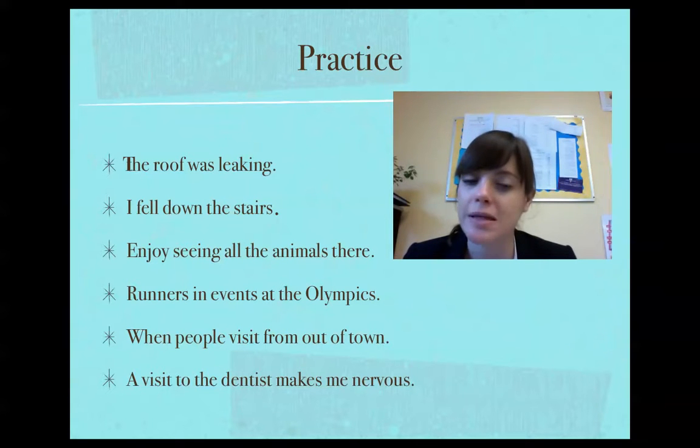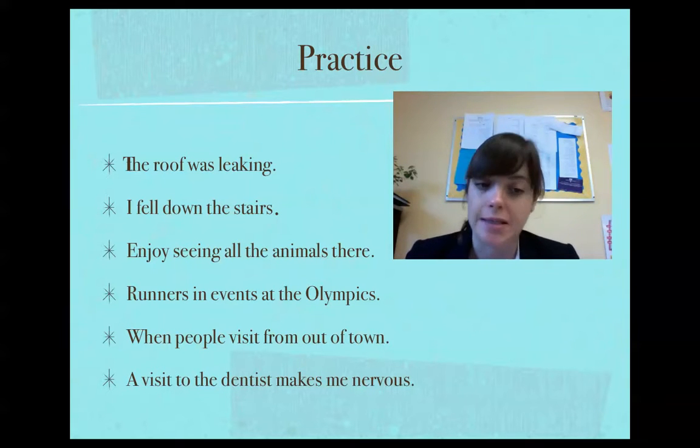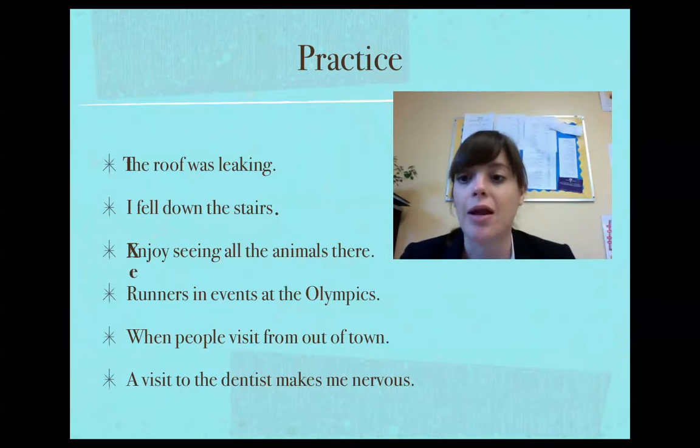Now I always look for my subjects before my verbs, but I don't have any nouns or pronouns before enjoy. It just starts. So I obviously need to add something there. So I'm going to cross out my uppercase E and change it to a lowercase e because it's not going to be the start of my sentence anymore. And then I'm going to add in a subject. So I'm going to add an I. And now it's I enjoy seeing all the animals there. So we got a complete sentence.